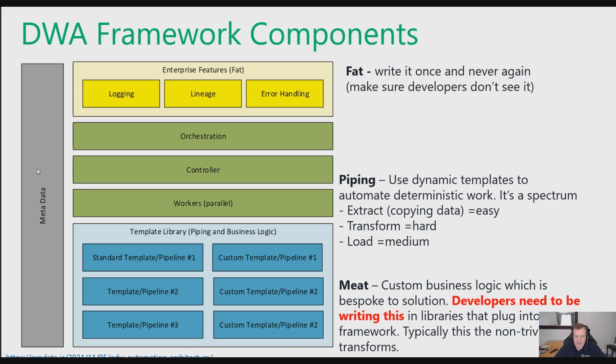So when you're working with an automation engine or a framework, most of your development work is just really registering metadata, or you might have some custom business logic, which I call meat. That's work where you're writing a transform, but it's specific, it's not reusable. So that's where we tend to spend most of our work, right?